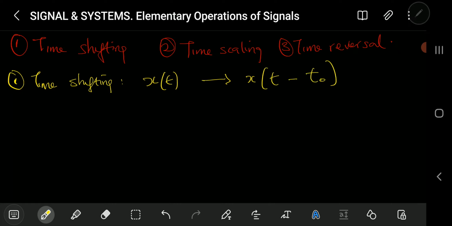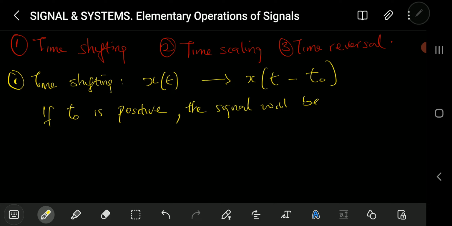Now, if t naught is positive, and let me first of all make that clear, you have to take note of this. If t naught is positive, it means the signal will be shifted to the right.